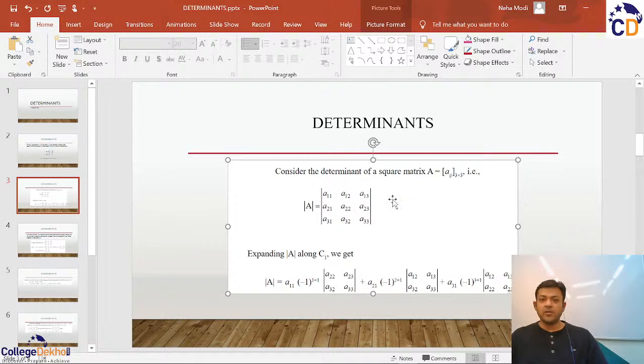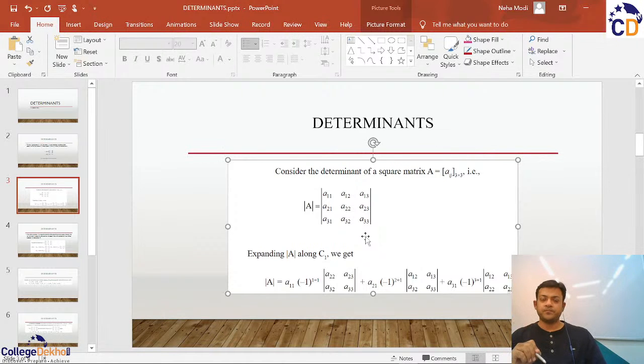Now how to calculate the cofactor of the first element? We need to hide the first row and the first column, and whatever is visible we put inside a determinant. So for this example, if a11 is the first element, we hide that row, we hide that column.